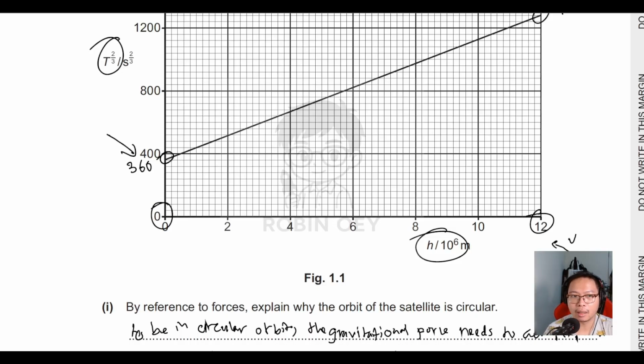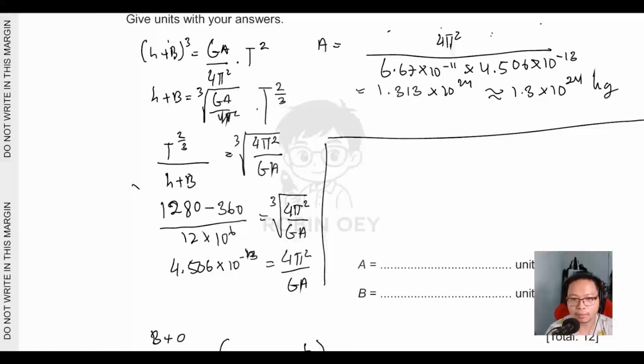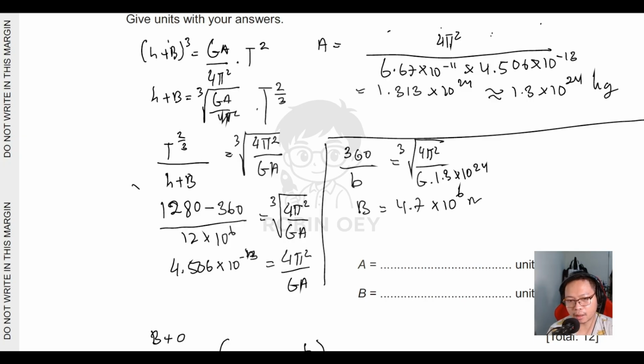T to the power of 2 over 3 is 360, and the height would be 0. So h is 0, so 0 plus b is b, equal to 4 pi squared over G times A. The A we just got is 1.3 times 10 to the power of 24. So the b would be 4.7 times 10 to the power of 6 meters.